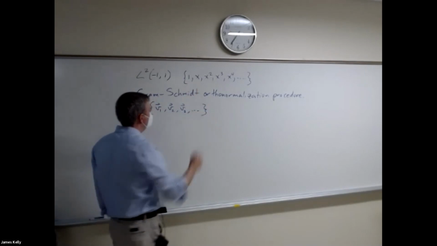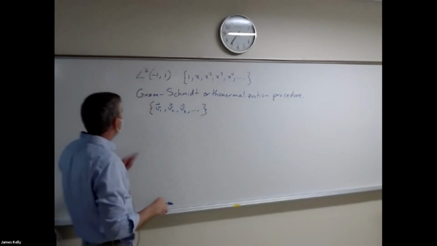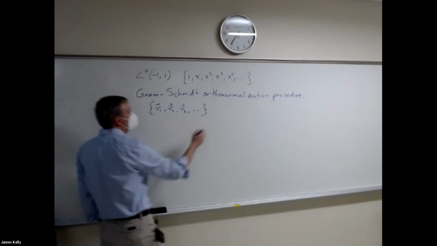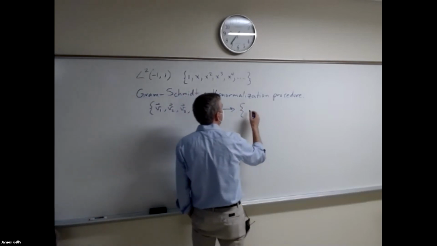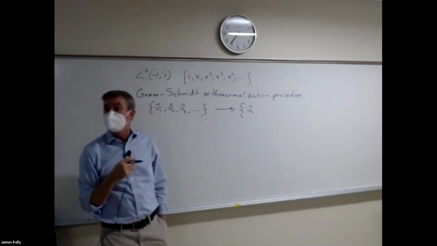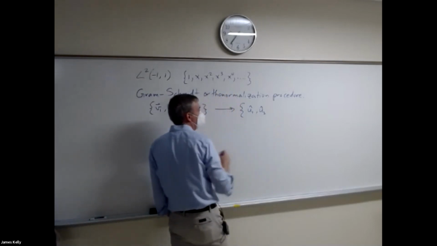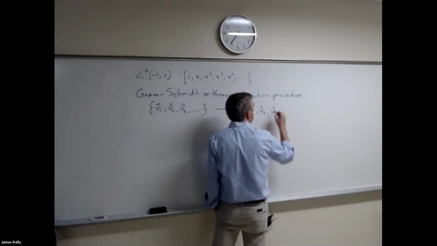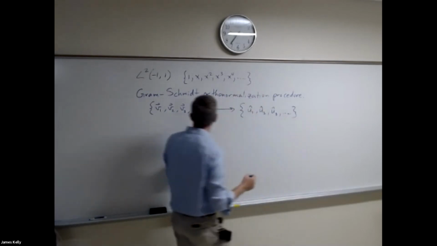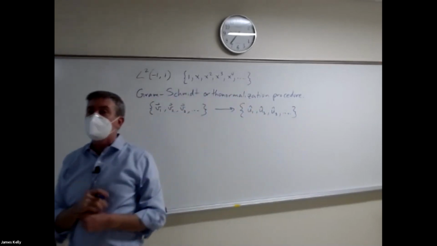Maybe we're in a very high dimensional vector space, so we've got a bunch of these. How am I going to turn this into a collection of mutually orthonormal vectors? I might call this u1 hat. I'll put a hat on it because it's supposed to be normalized, right? u2, which is orthogonal to u1. u3, which is orthogonal to u1 and u2, and so on. The procedure we're going to describe is going to allow us to turn this into such a collection just by working with the elements we're given.